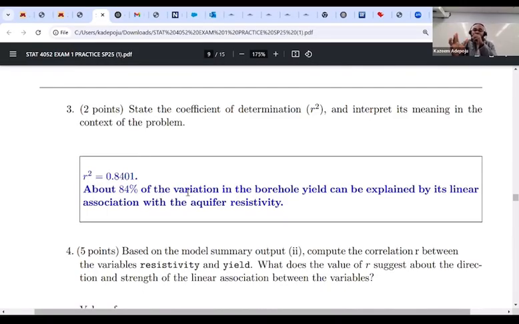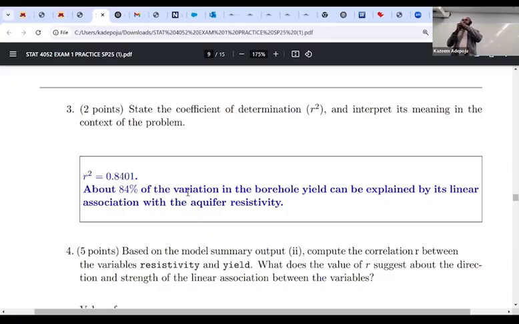The coefficient R squared is different from R. R is a correlation, and R squared is the coefficient of determination. R, the correlation, tells you the relationship between the response and the predictor. The relationship may be positive, negative, or zero. It could be strong, weak, or perfect, depending on the situation.